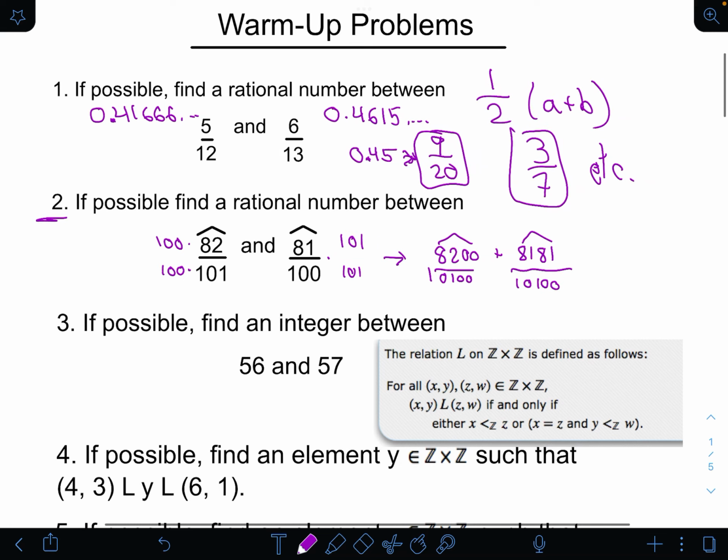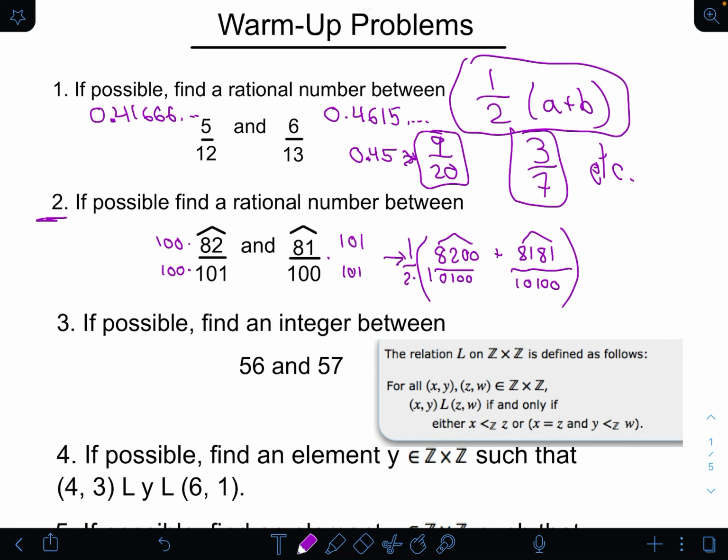That looks good. And when I go to add these, by the way, I left off my fraction. It's got to take a half. Remember I said it's a half of a plus b. There we go.